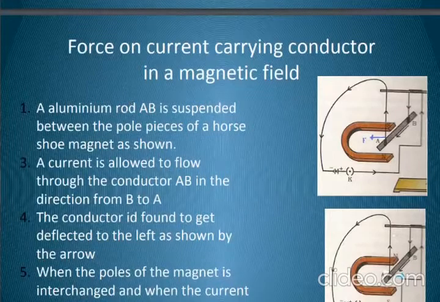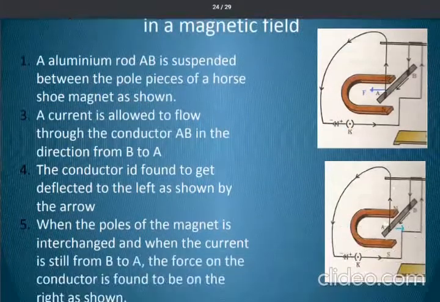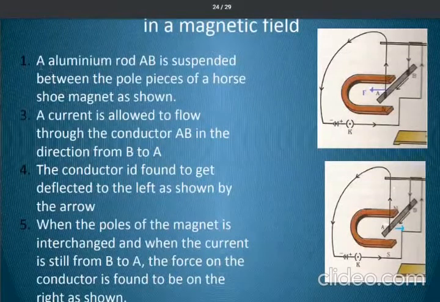Now, you have to see here: force on a current carrying conductor in a magnetic field. An aluminium rod AB is suspended between the pole pieces of a horseshoe magnet as shown in the figure.